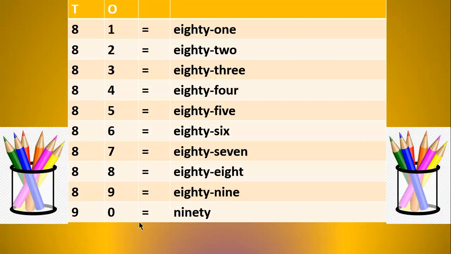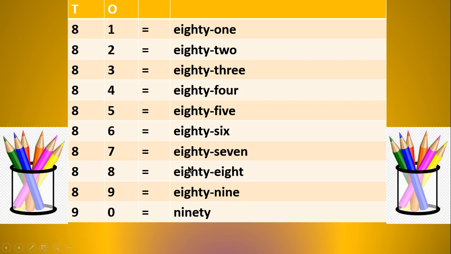So now let's start from 81. Do you know the spelling of 80? Very nice. EIGHTY 80. Then you're going to put a dash and ONE 1. Similarly, you are going to write 82, 83, 84. You already know the spelling of 1, 2, 3, 4, 5, 6, 7, 8, and 9, and you just have revised the spelling of 80.